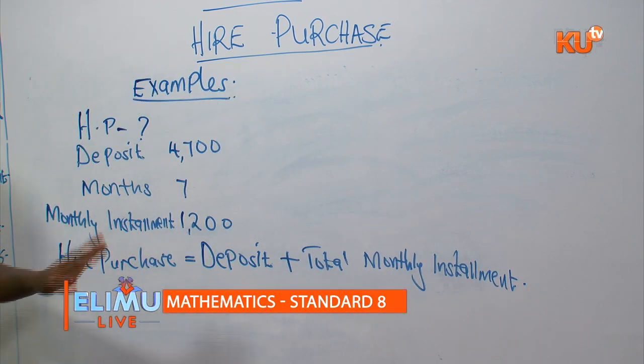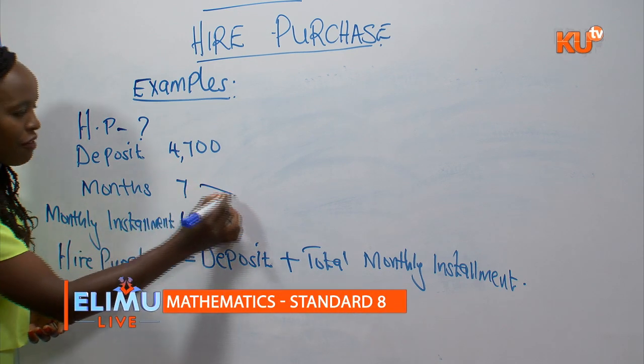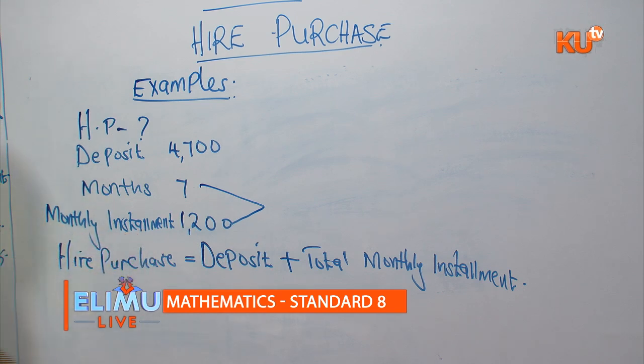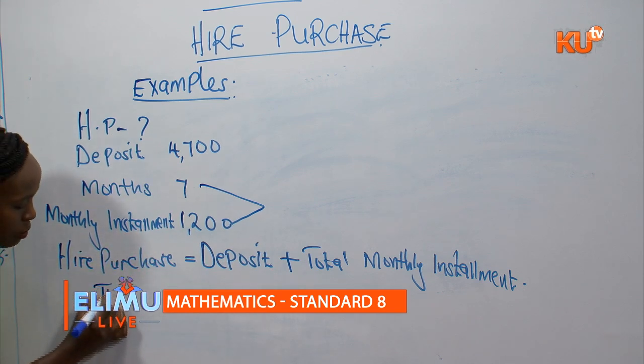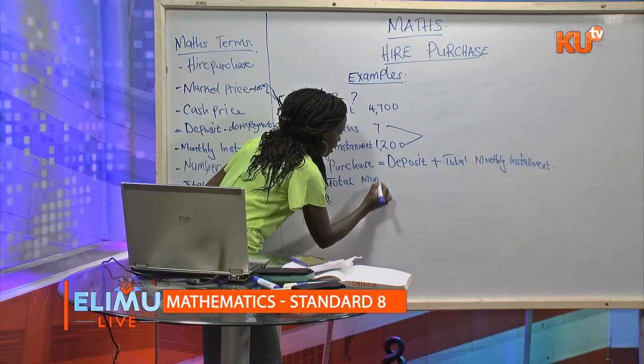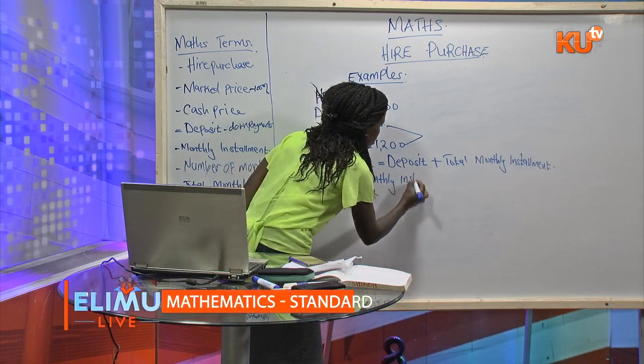The deposit plus the total monthly installment. So we start by calculating the total monthly installment, because you only have the months and the monthly installment. So we calculate the total monthly installment.